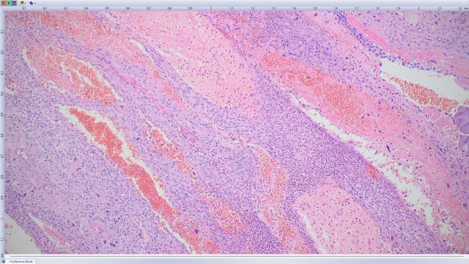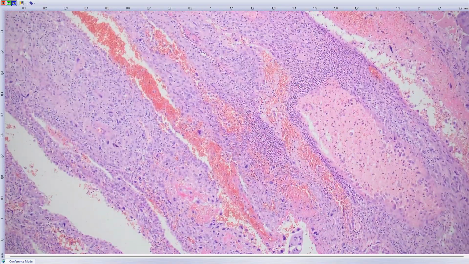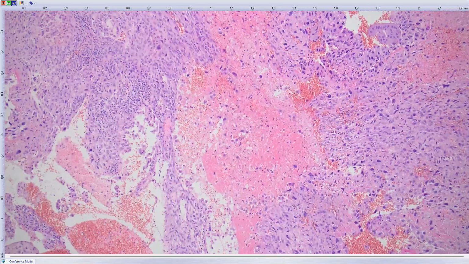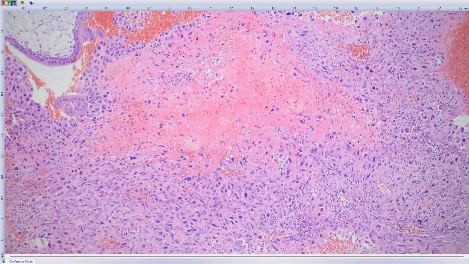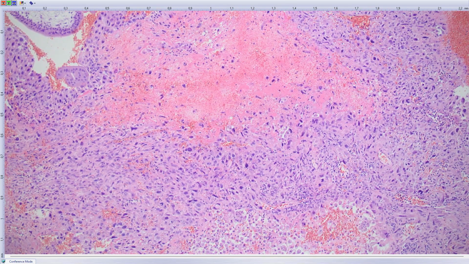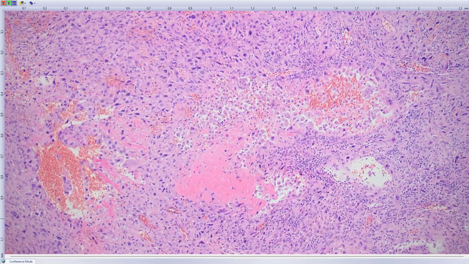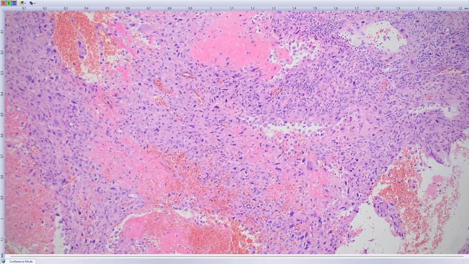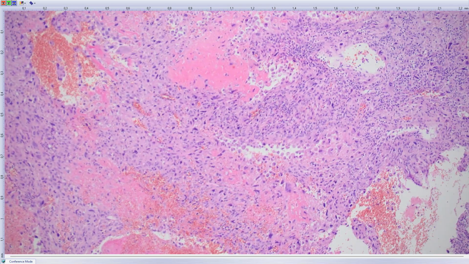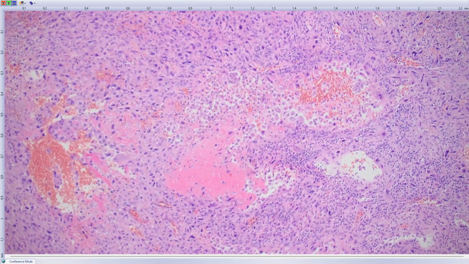For placental site trophoblastic tumor, which I think is the diagnosis in this case, there is also the presence of fibrinoid necrosis. In case of choriocarcinoma, there is usually very pronounced tumor necrosis, which is almost overrunning the viable neoplastic tissue.